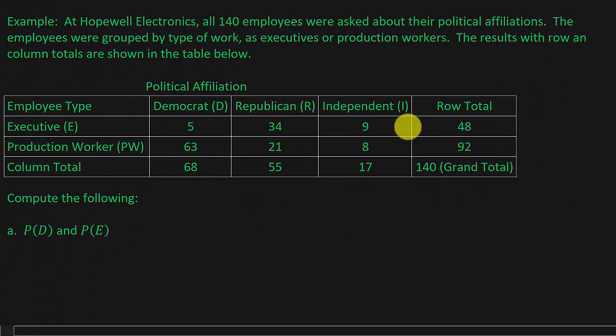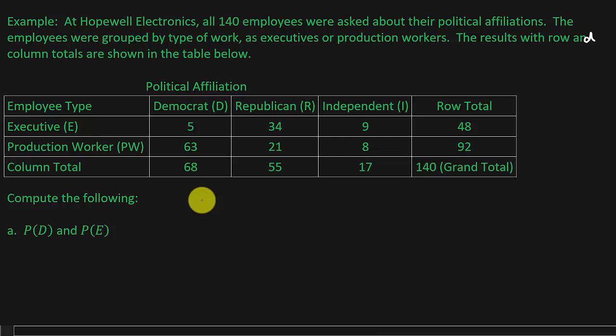Last example, and we have a table here. At Hopewell Electronics, all 140 employees were asked about their political affiliations. The employees were grouped by type of work as executives or production workers. The results with row and column totals are shown in the table below. Compute the following.